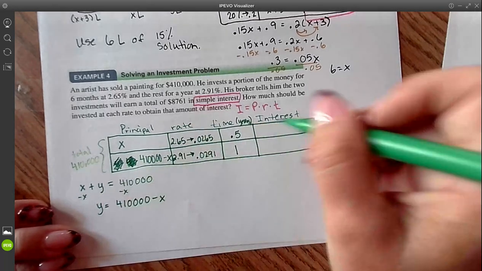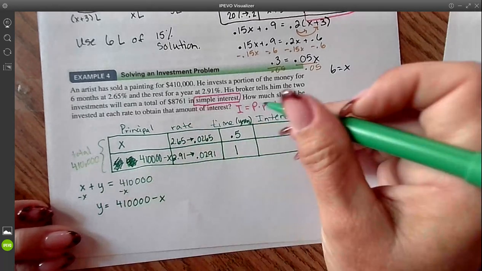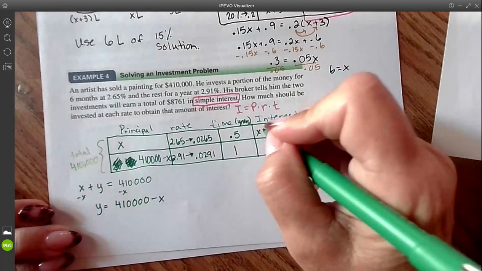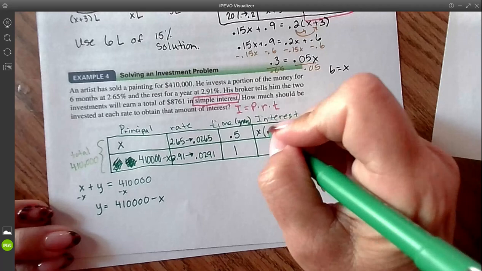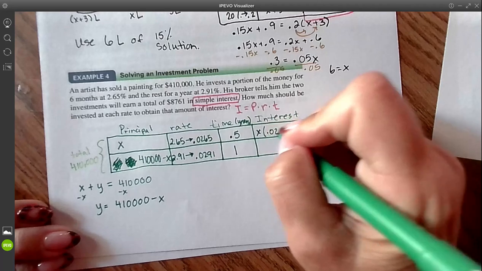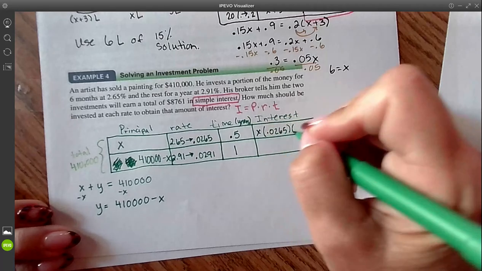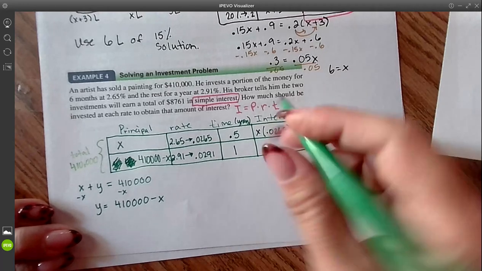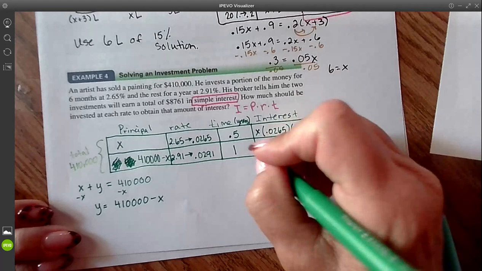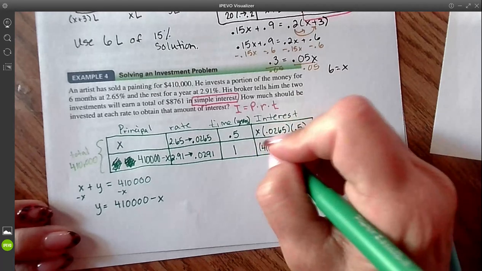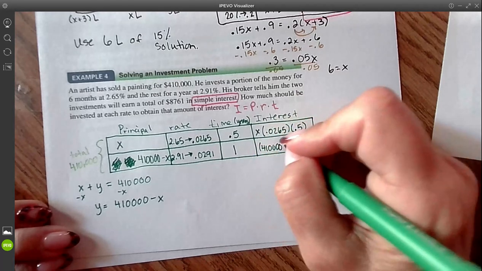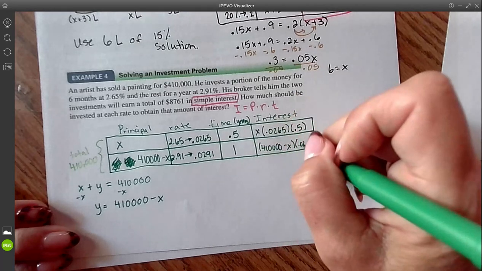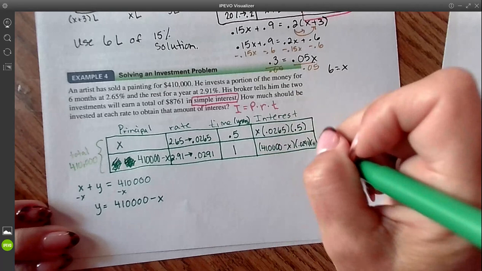All right, then I'm going to fill in this column with the formula principal times rate times time. So I'm going to have X times 0.0265 times 0.5. And then in this box, I'm going to have the principal, 410,000 minus X, times the rate, 0.0291, times the time, 1 year.